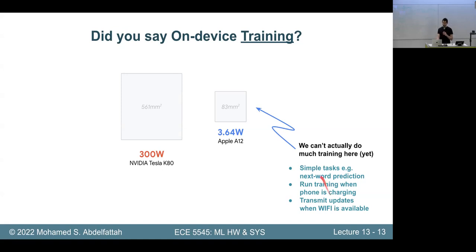I will also say that many of these SoCs on your phone, for example, do have dedicated NPUs, but I haven't seen training libraries for these NPUs. So currently, unless you're writing your own low-level code, you can't just say, train this model or model.backwards. You don't have that command yet on these devices.